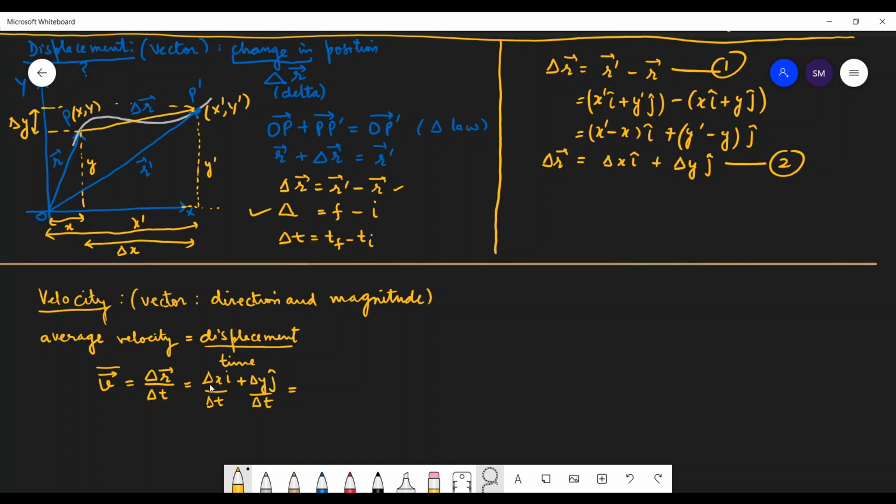So this is the component of average velocity along the x-axis, and this is the average velocity component along the y-axis.